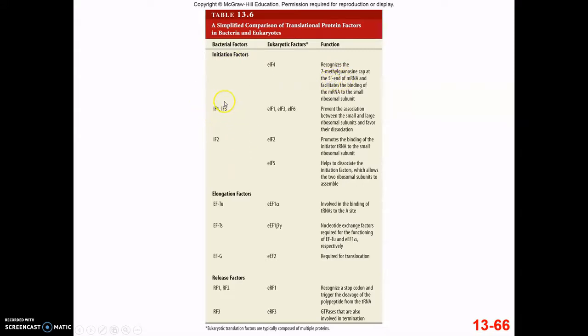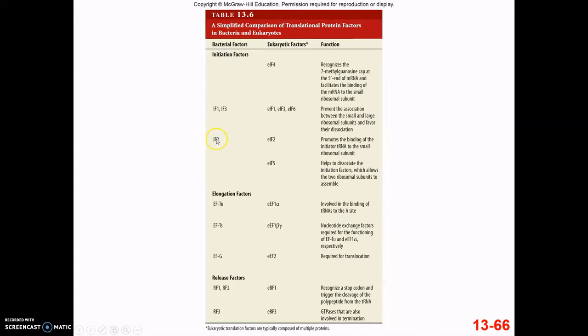We have the initiation factors 1 and 3 that prevent the association of the large and small subunit until the messenger RNA is correctly inserted. We have these factors in eukaryotic systems.